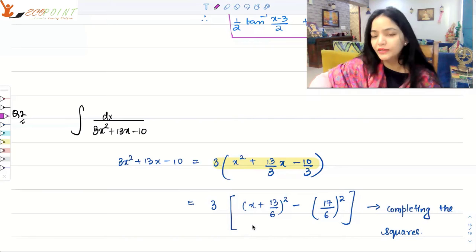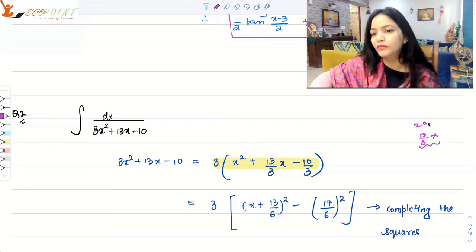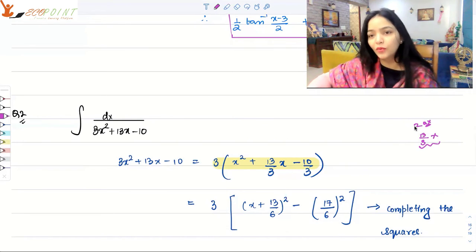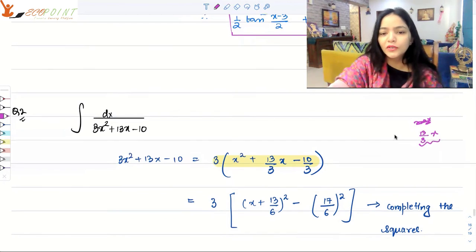You've completed the squares, nothing else, because you have 13. See, completing the squares is based on this. If this is your 2ax, the product of the two, in x square plus a square you're looking at x minus a whole square or x plus a whole square. So this is plus minus whatever 2ax is, then accordingly you create the second number that you have to add and subtract as a square. This is what you get here.